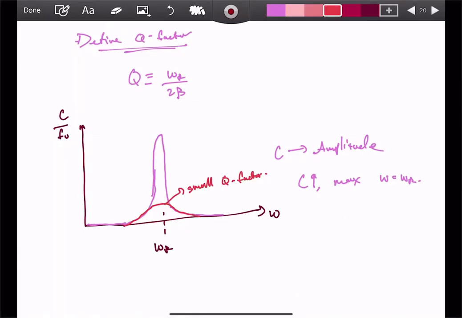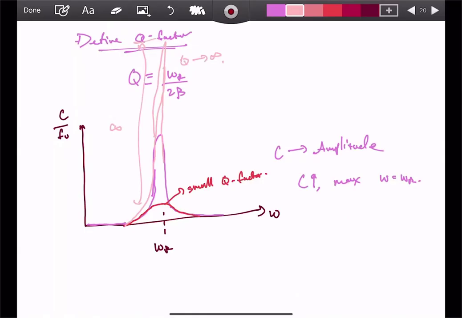And as my Q factor increases, we're going to get a bigger and bigger resonance, until eventually, when this Q factor goes off to infinity, this thing is going to blow up and become an infinite spike, which means it's basically going to become like a delta function. So as Q goes off to infinity, the size of this is going to go off to infinity. So this is our Q factor.